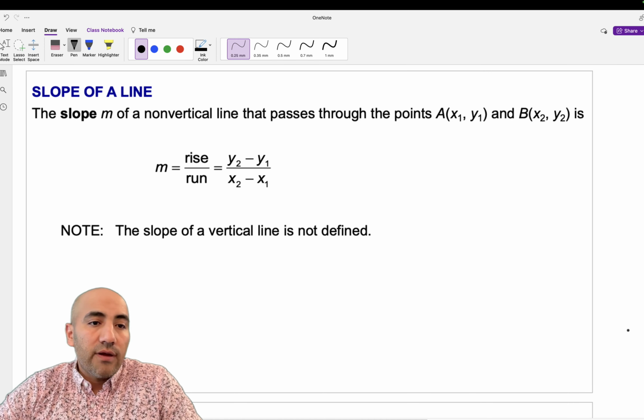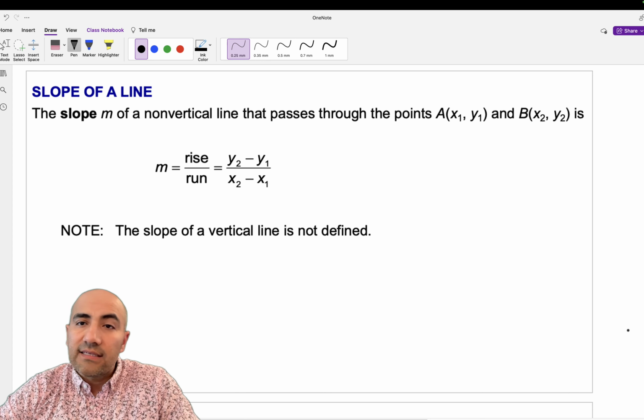So the slope m, right, I'm not really sure why, but we often use the lowercase m to represent the slope. So the slope of a non-vertical line that passes through points A and B, where A is x sub 1 comma y sub 1 and B is x sub 2 comma y sub 2, is given as m equals rise over run, which is y sub 2 minus y sub 1 over x sub 2 minus x sub 1.